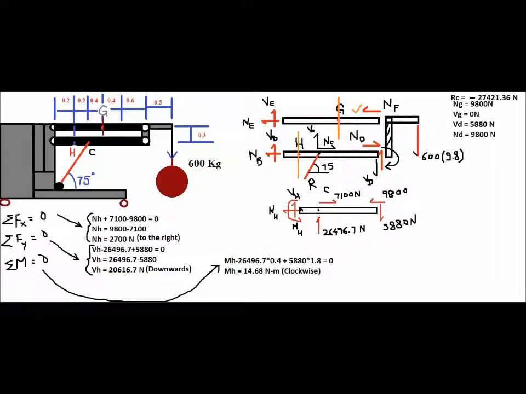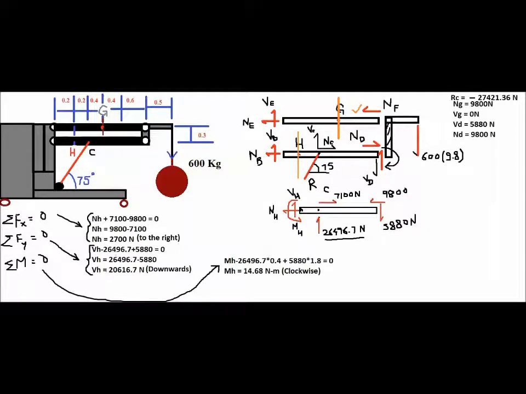So VH, we talk about all the forces which are acting in the y direction. One of the forces is VH, which is acting, I don't know where, because it is an unknown, so we'll give a positive value there. The piston is pushing this beam up, so that will be a negative force, so we have a negative 26,496.7, and then there is a force which is acting downwards, which is a force exerted by the inverted L beam onto this beam, and that is downward, so it is positive, so we have a positive 5800 equal to 0.